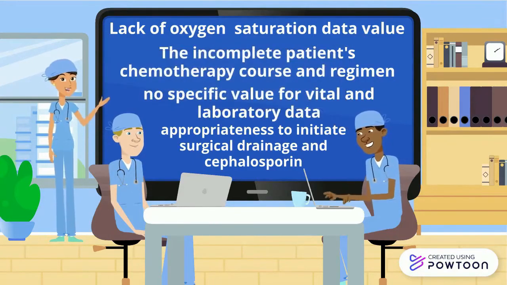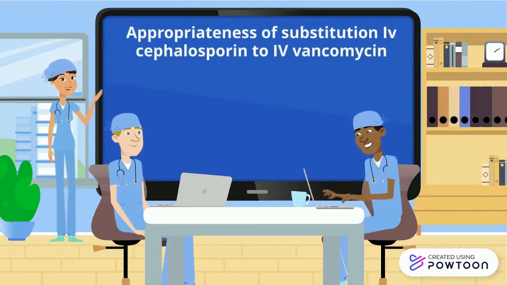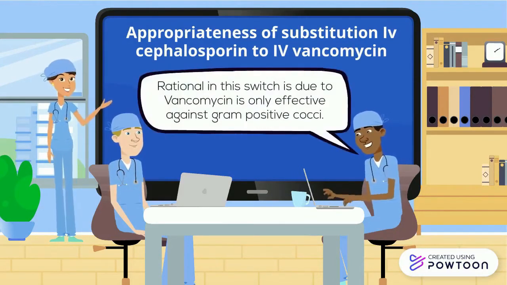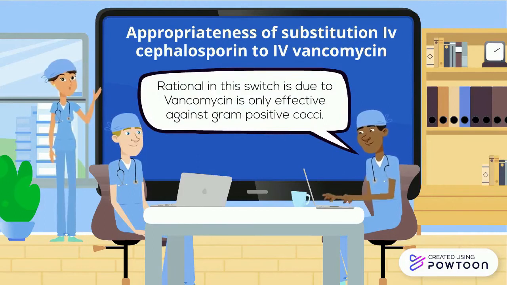The fifth assessment is on the appropriateness of substituting intravenous cephalosporin with intravenous vancomycin treatment. The rationale behind this switch is that vancomycin is the only effective treatment against gram-positive cocci.